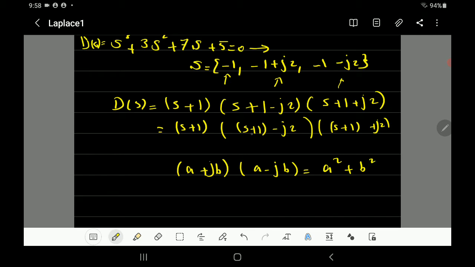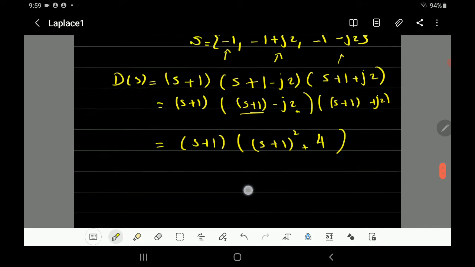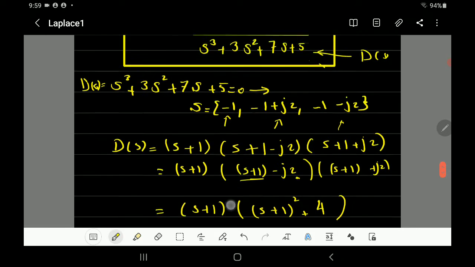So you just square this part, 2 squared is 4, and that's what you have. So D of s is equal to (s plus 1), and you have a squared, which is (s plus 1) squared, plus b squared, which is 2 squared. It means equal 4. So that's the way you're going to express the denominator of this function.